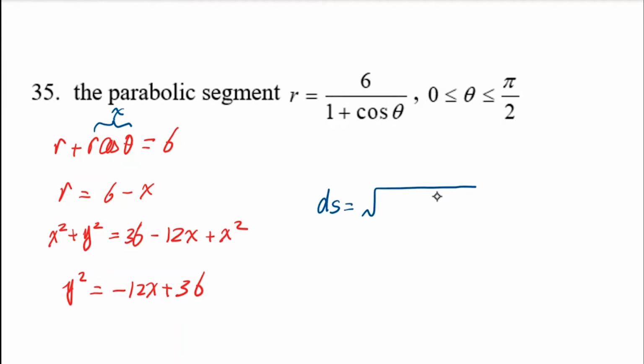Or should we go back and figure it out again? Isn't it r squared plus dr squared, r squared plus dr d theta squared, according to the Pythagorean theorem, right? And we factored d theta out. So it looks like this.